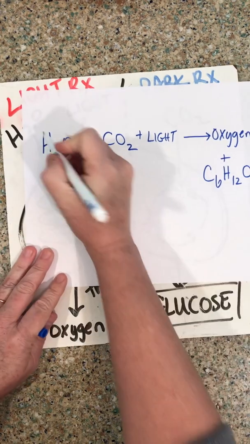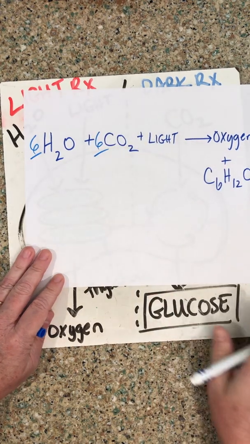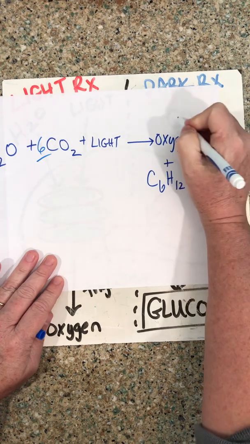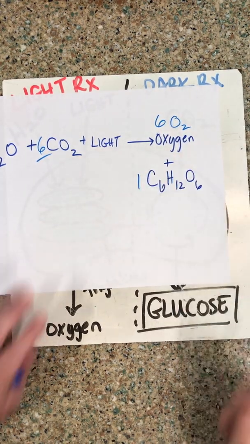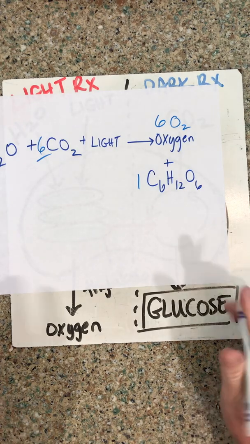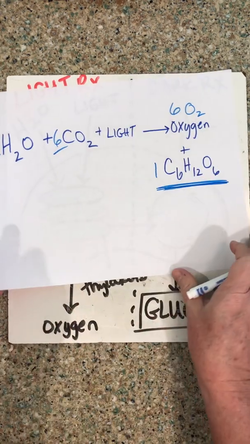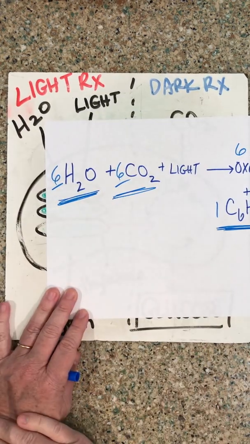is 6 waters plus 6 carbon dioxides plus an abundance of light. Oxygen is O2, so we end up making 6 of those and 1 of these. For every 1 glucose molecule that the cell makes, it needs 6 water molecules and 6 carbon dioxide molecules.